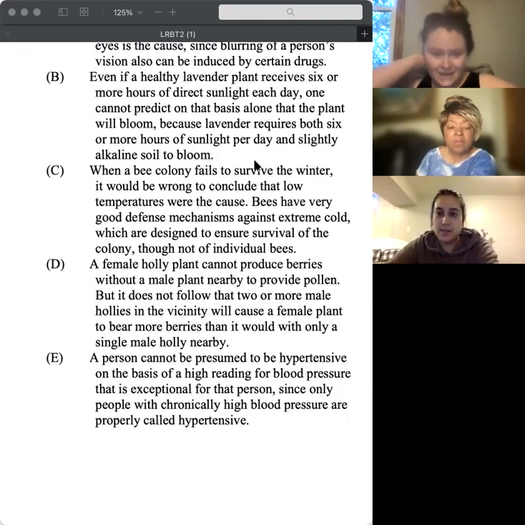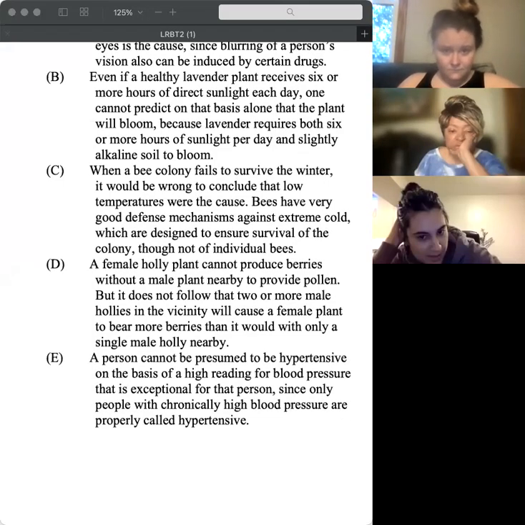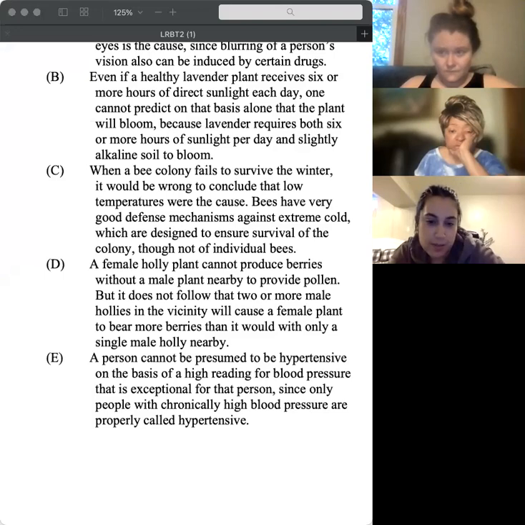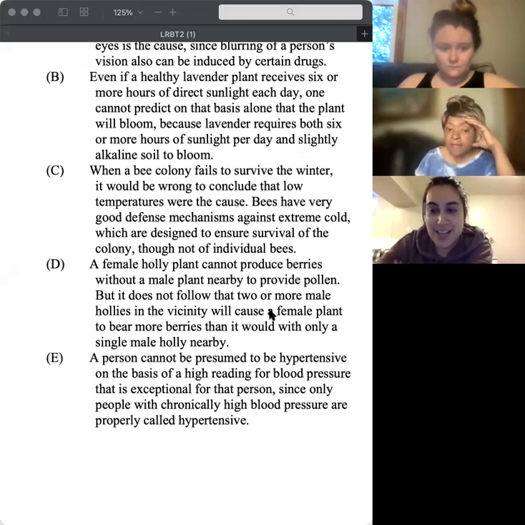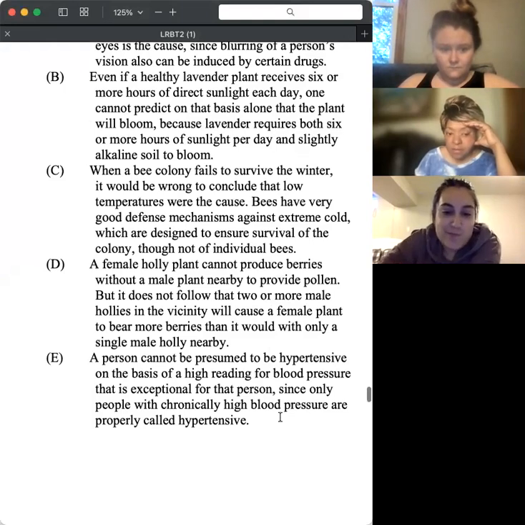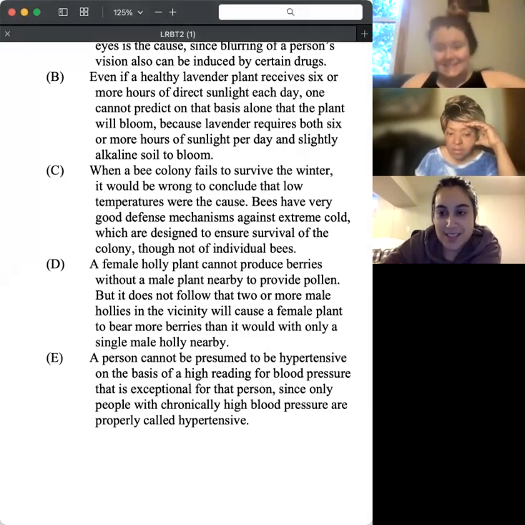All right, so what about E? The beginning of it doesn't match. This is the one I chose. I chose E because of the last sentence, since only people with chronically high blood pressure are properly called hypertensive, which introduces the sufficient.